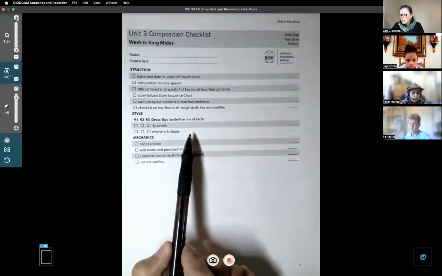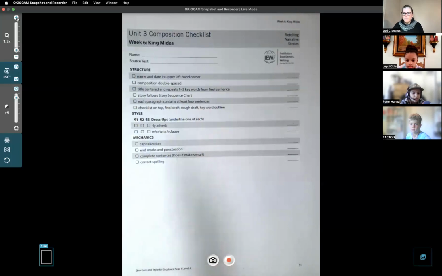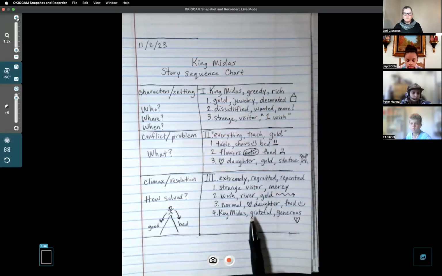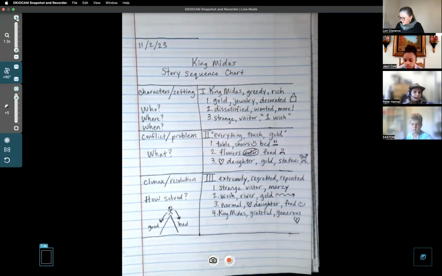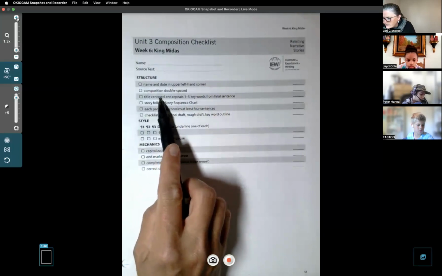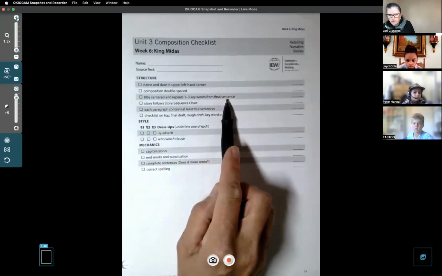Okay. And when you're done with your paragraphs, at the very last sentence, that final sentence way down here, when you're talking about how he was at the end, look at your checklist right here: title centered and repeats 1 to 3 key words from final sentence.